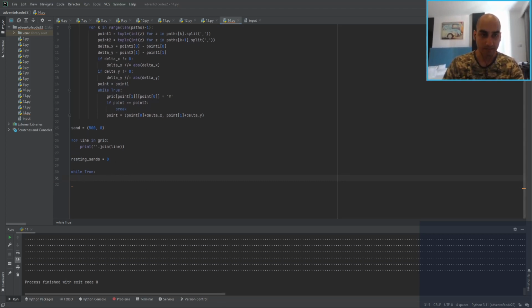So let's follow the steps. They say sand is produced at 500, 0. Okay. So let's call this sand spawn. Sand location equals sand spawn.